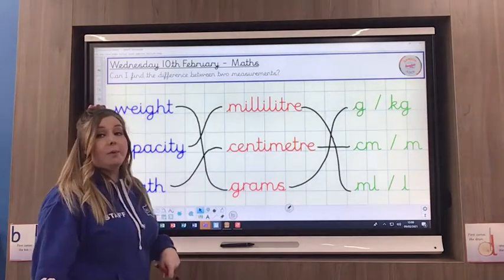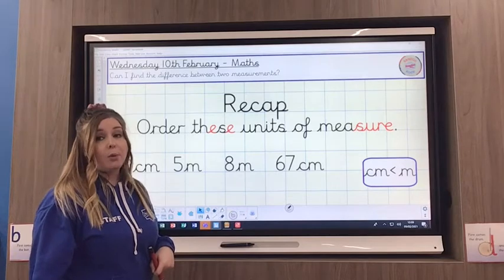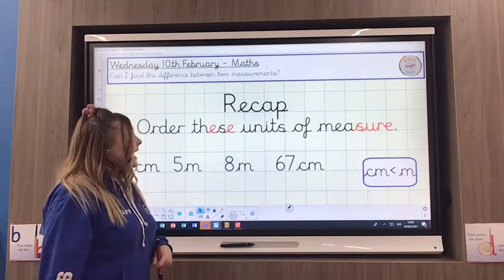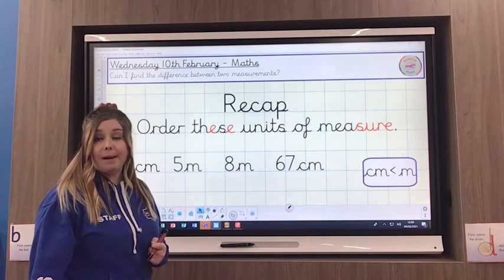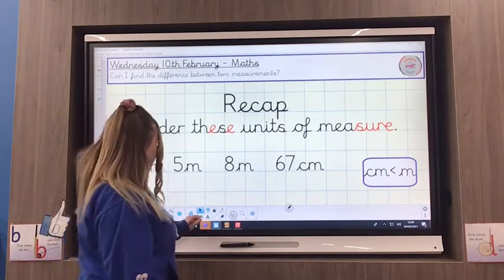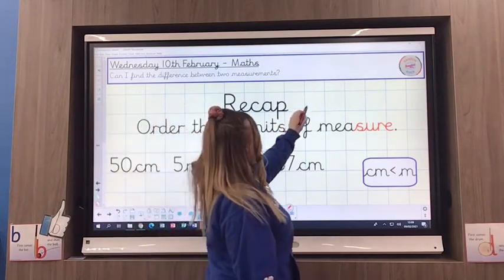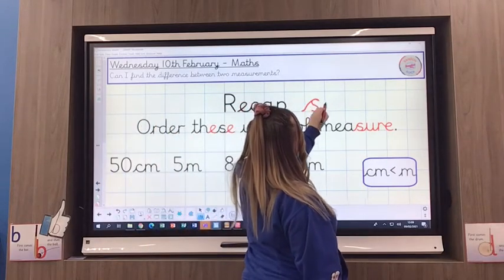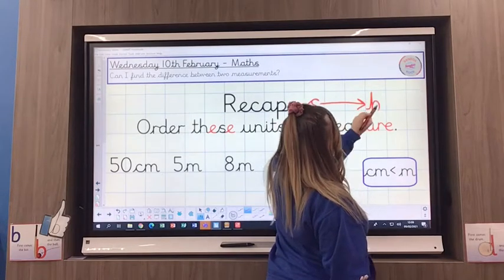Now before we go on to today's learning, we're going to have a little practice at what we did yesterday. And yesterday you were ordering different amounts. And today, that's what we're going to have a little go at, ordering them from smallest all the way to the biggest.